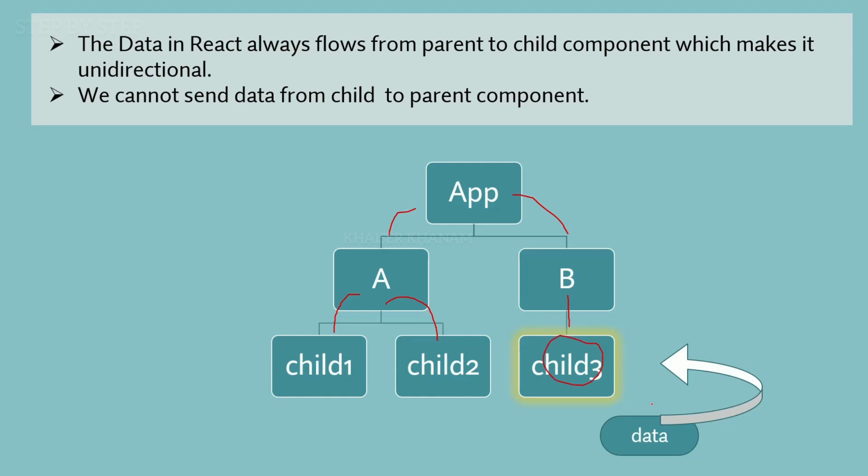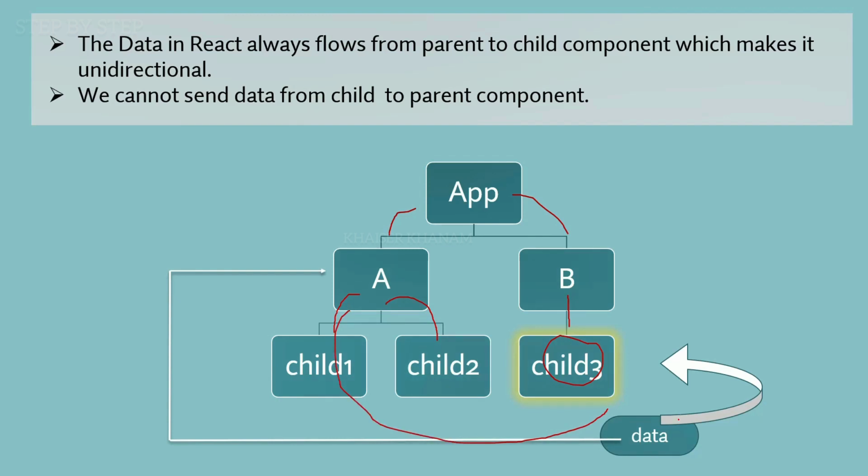Now what I want in future, if I want data inside component A from child 3, or from child 3 to component B, it is not possible in React, because the data in React always flows from parent to child.